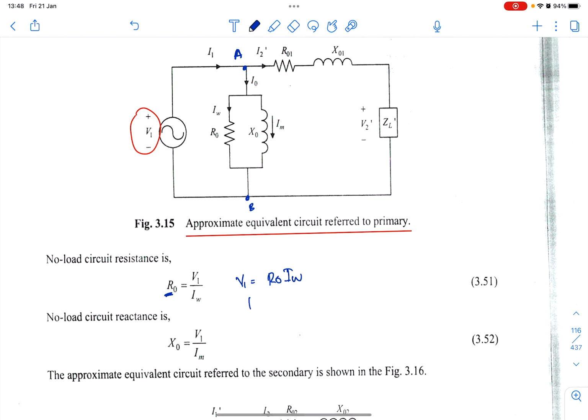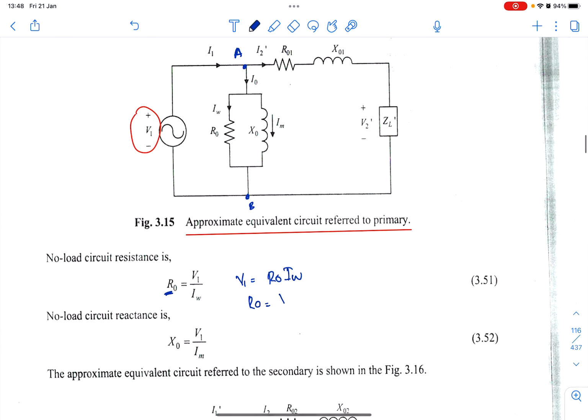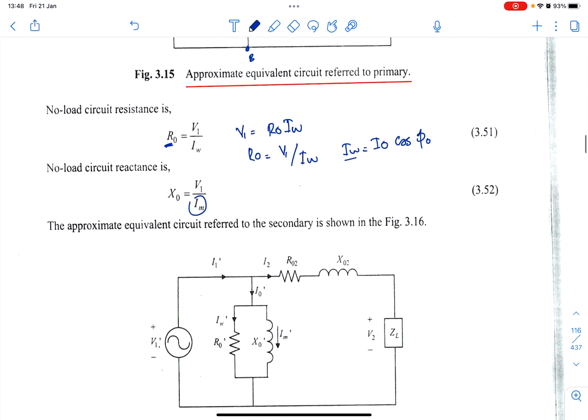So if you want to find R0, it is equal to V1 divided by Iw, where you can calculate Iw is equal to I0 cos phi naught. You need to refer back to the previous formula on how to calculate Iw and Im.